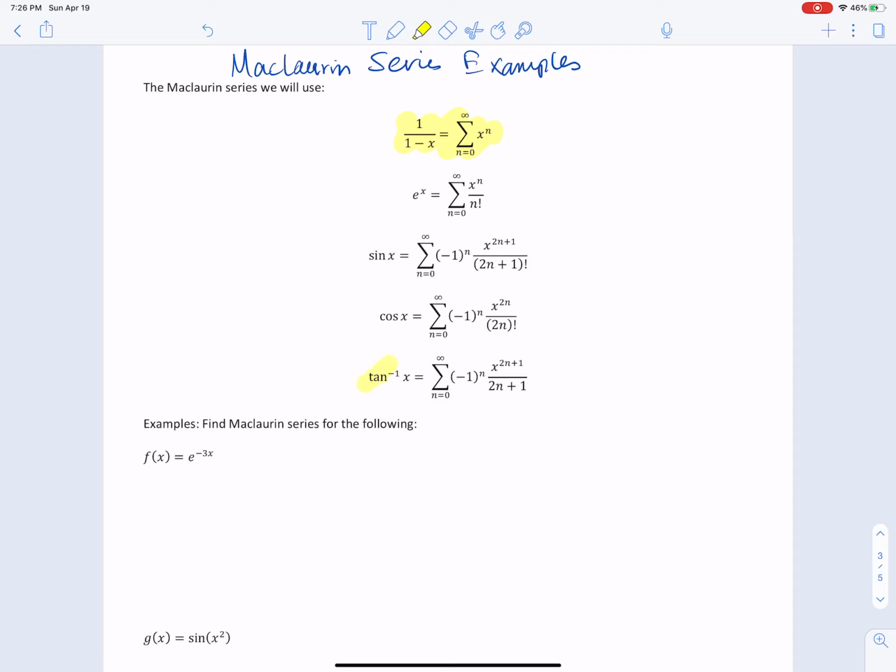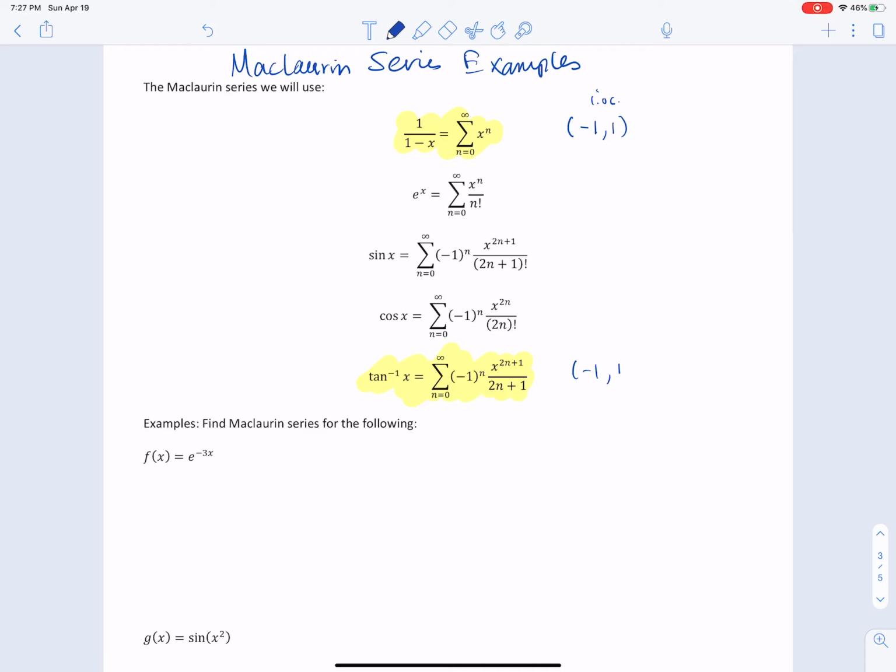And then from that, we got the Maclaurin series for the inverse tangent function. We saw that in an earlier video as well. So just a reminder, the interval of convergence for the power series for 1 over 1 minus x is minus 1 to 1, and it's a little bit more for tan inverse of x.